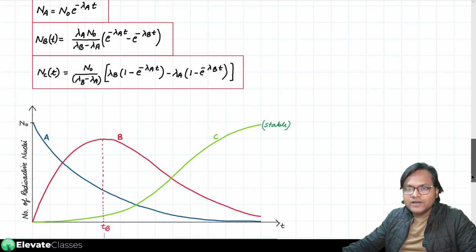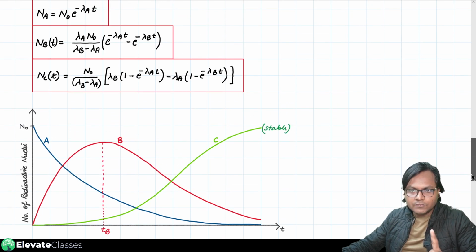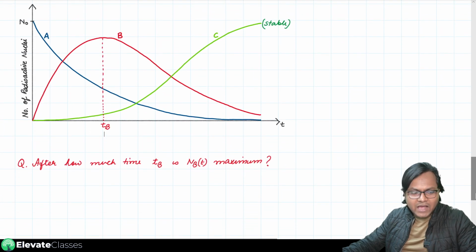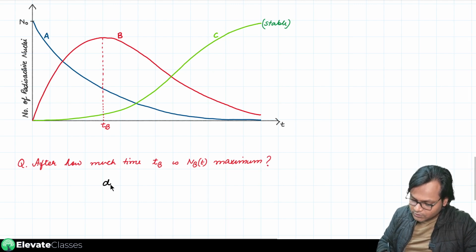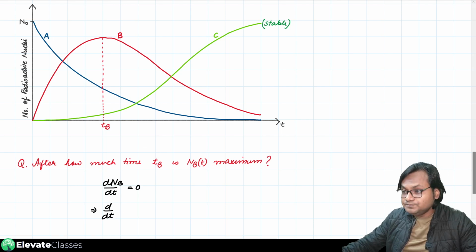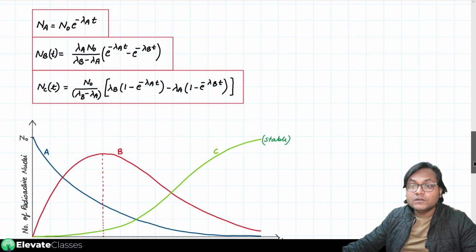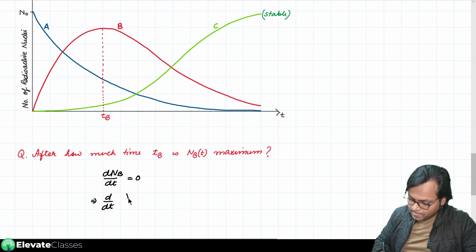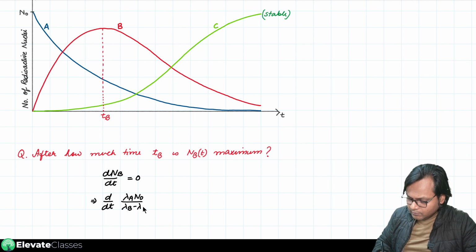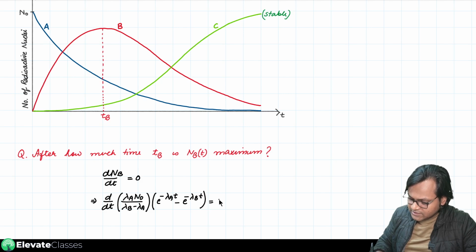That's it. So because I already have an expression for the number of B molecules at any given point in time, I just need to take its derivative and make it equal to 0. So dNB upon dt is equal to 0. That is all I need to do. So the time derivative of NB, where NB is equal to lambda A N naught upon lambda B minus lambda A, times e to the power minus lambda A T minus e to the power minus lambda B T, is equal to 0.